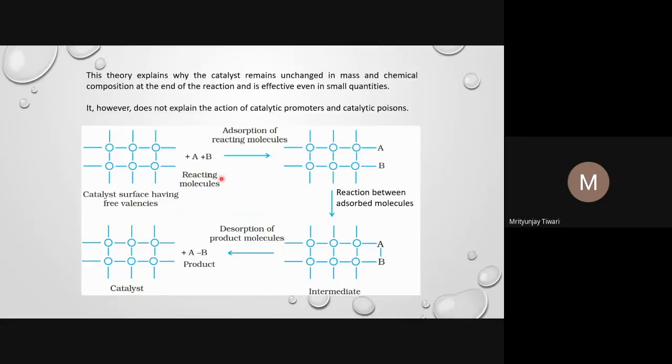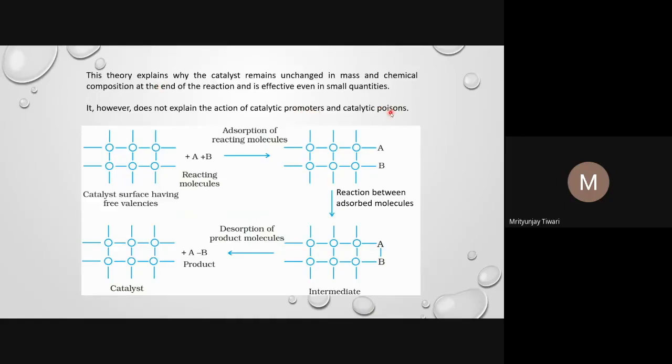This illustrative diagram also shows these processes in different steps. However, it does not explain the action of catalytic promoters and catalytic poisons. How the catalytic promoters and poisons work, the adsorption theory doesn't explain.